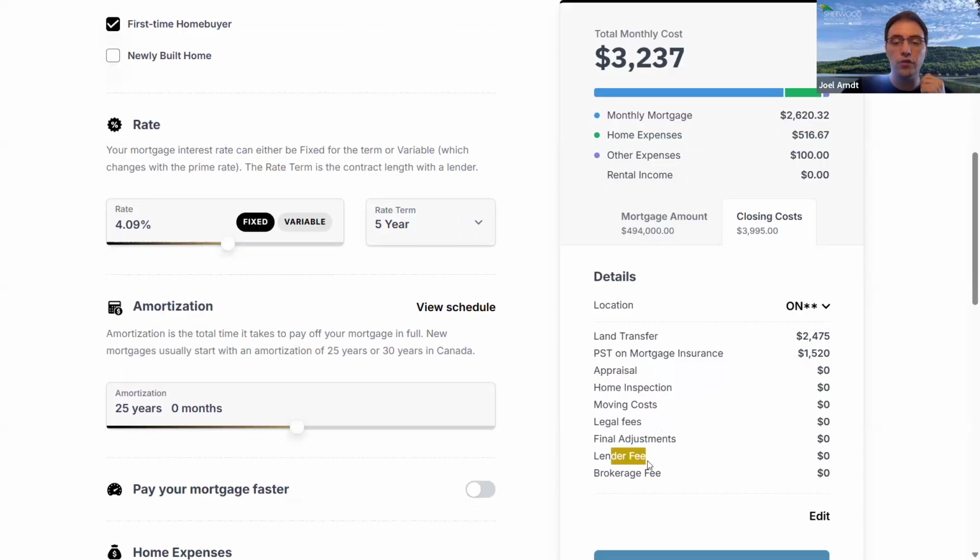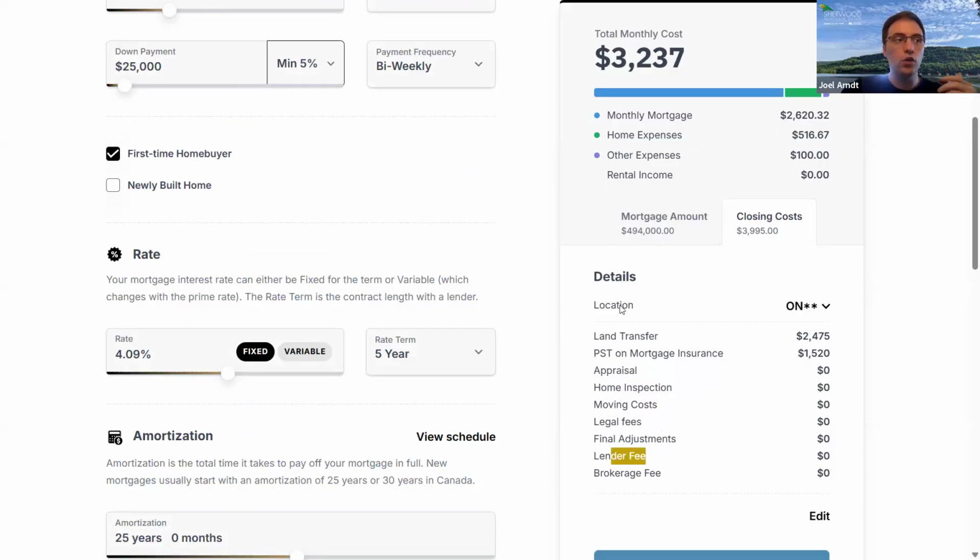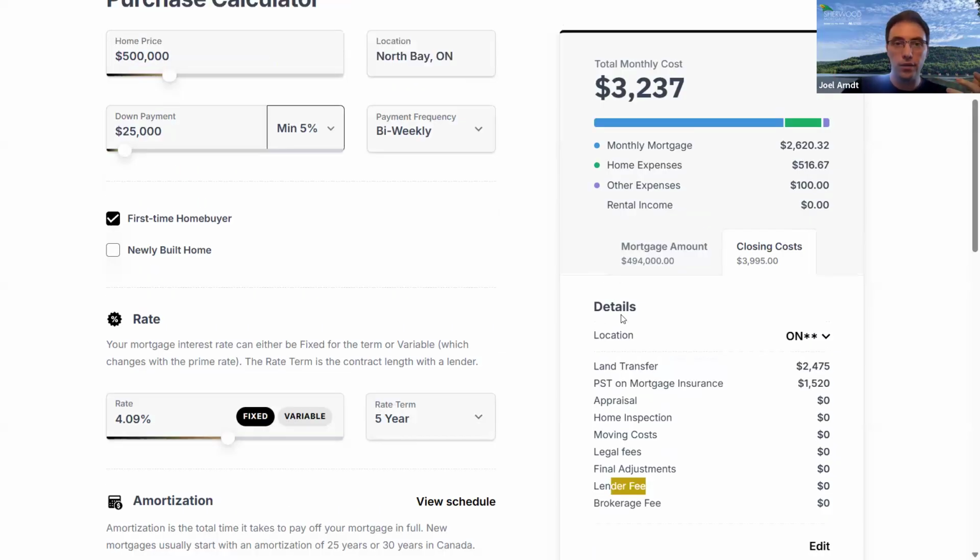Lender fees and broker fees are generally not a thing if you are purchasing with less than 20% down. If you have a credit score of more than 600, 650, if you qualify for these insured mortgages where you can put less than 20% down, there's no lender fee.